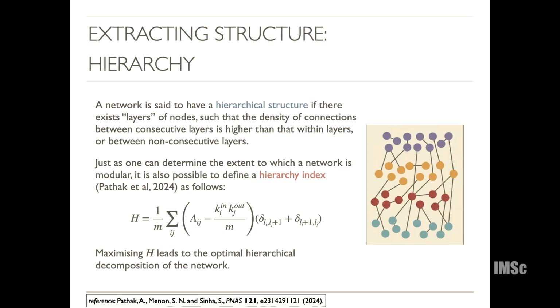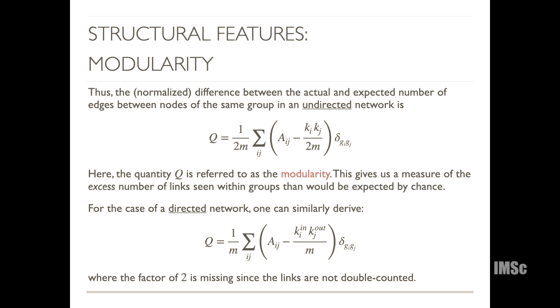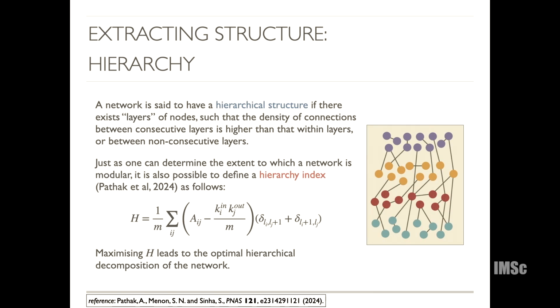So remember, for our Q, we had this, right? Remember what this is. This is just the excess number of links within a group, right? Now, rather than the excess number of links within a layer, we want to see if there are excess number of links between two layers, right? So basically going from Li to Lj, and vice versa.